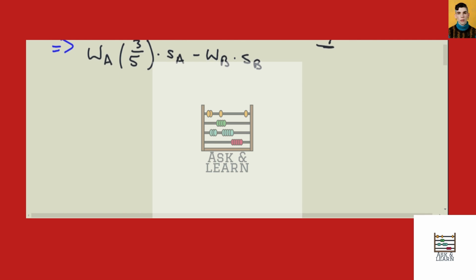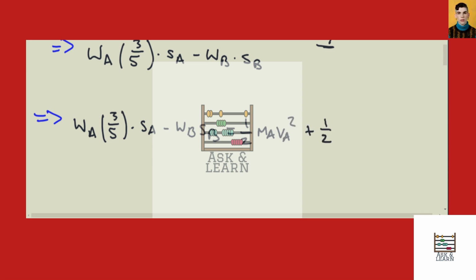So now we have WA 3/5 times SA minus WB SB is equal to 1/2 MA VA squared plus 1/2 MB VB squared.